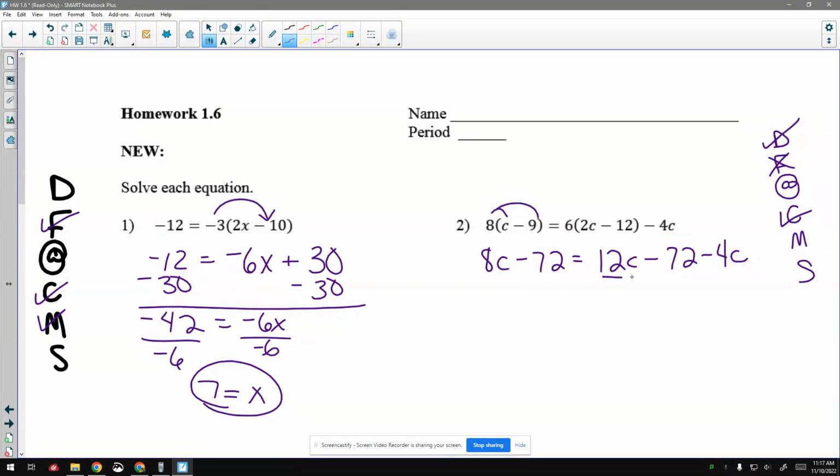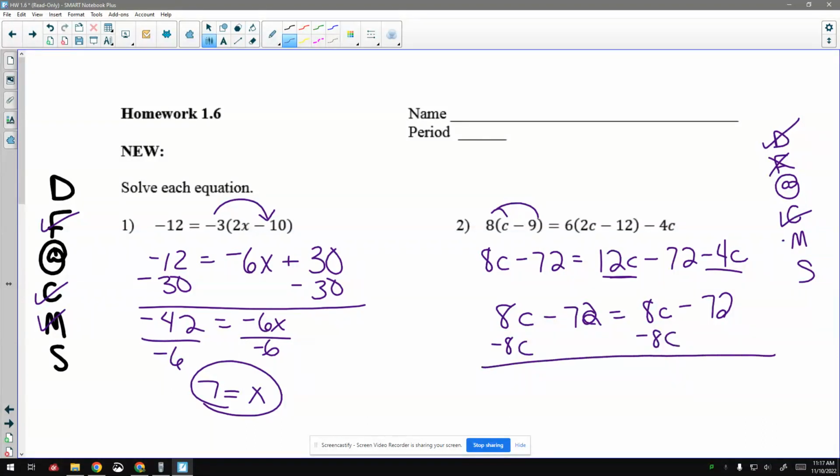So I have 8c minus 72 equals 12c minus 4c, that's 8c minus 72. And now I'm going to move the variable because I have a variable on both sides. That actually eliminates my variable, and -72 equals -72.